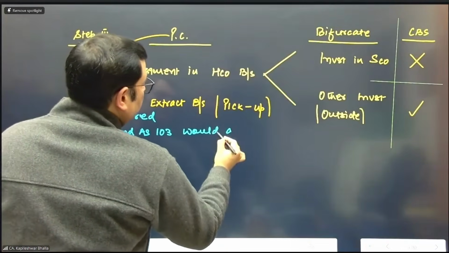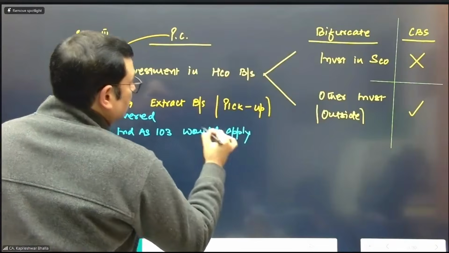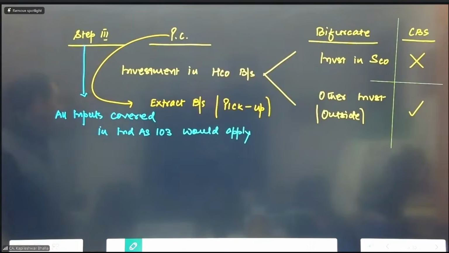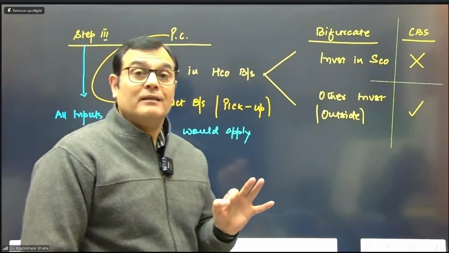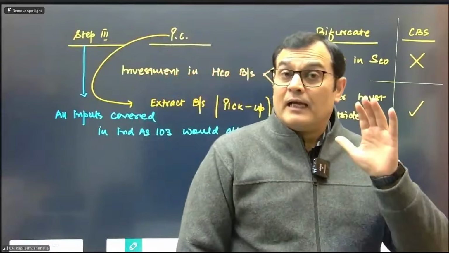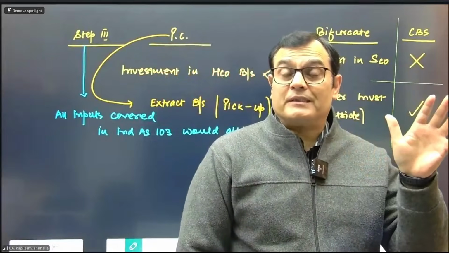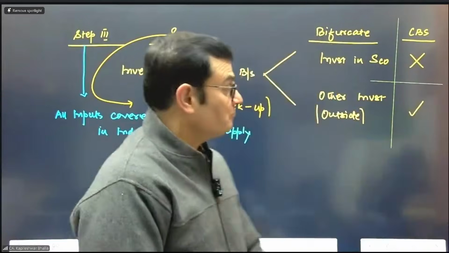That means the whole concept of calculating PC as per Index 103 is going to be equally applicable in this particular case as well. I'm giving you a broader thought process in terms of how you're going to think.